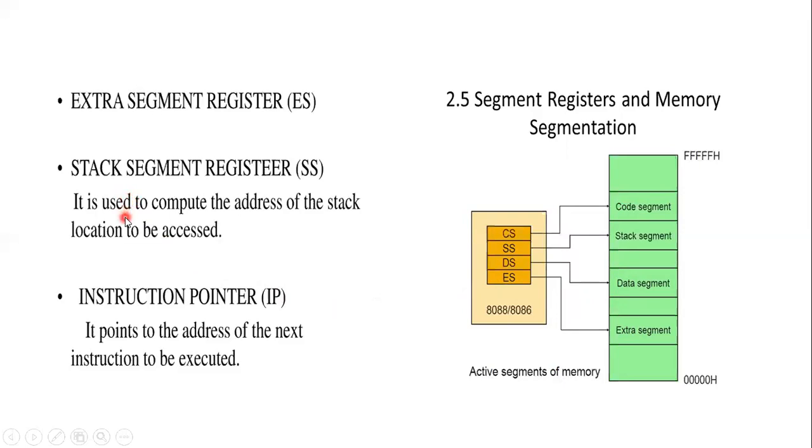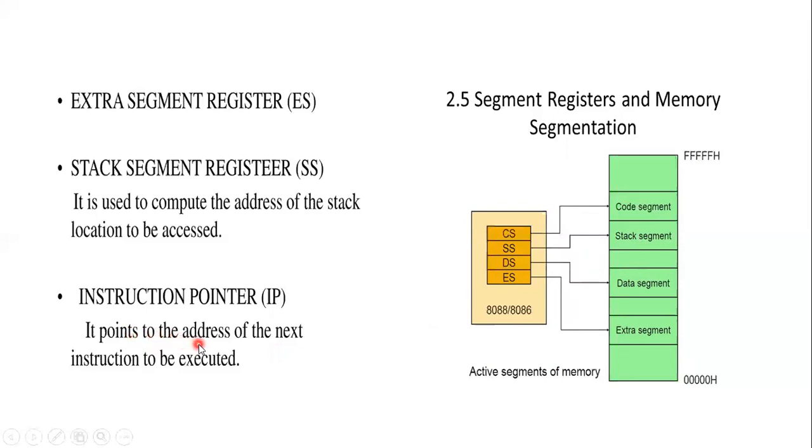Then the stack segment register. This stack segment register is used to compute the address of the stack location to be accessed. And then it also includes the instruction pointer.